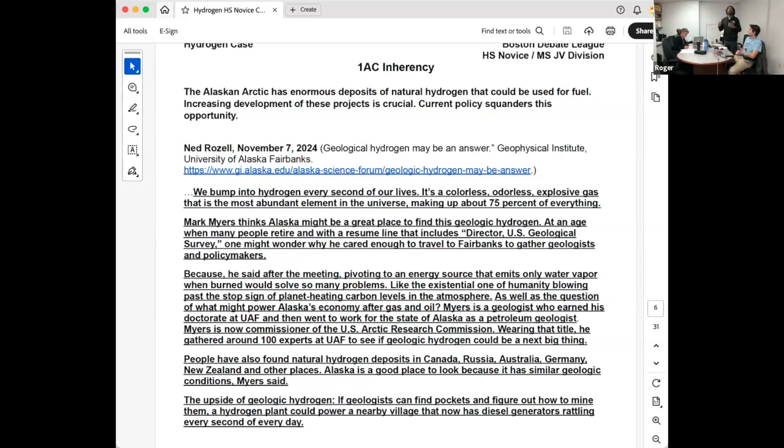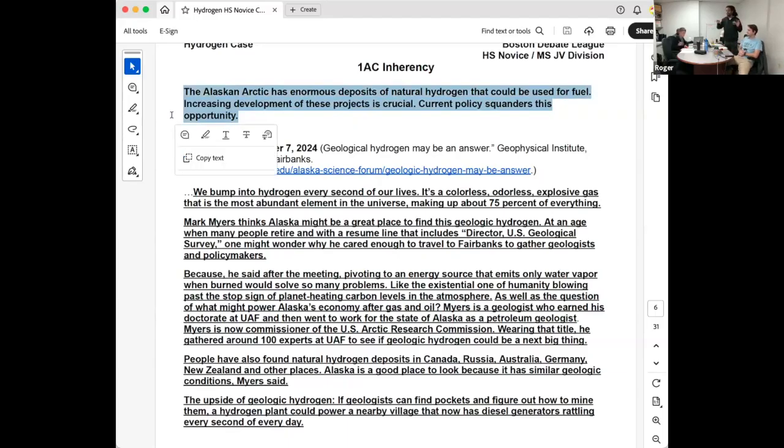I'll start with what's happening right now in that field. Right now, the Alaskan Arctic has a lot of potential to have a lot of hydrogen, and increasing development for these projects is crucial because there's a lot of untapped hydrogen in the environment. As the card states, I'll only read a sentence or two. We bump into hydrogen every second of our lives.